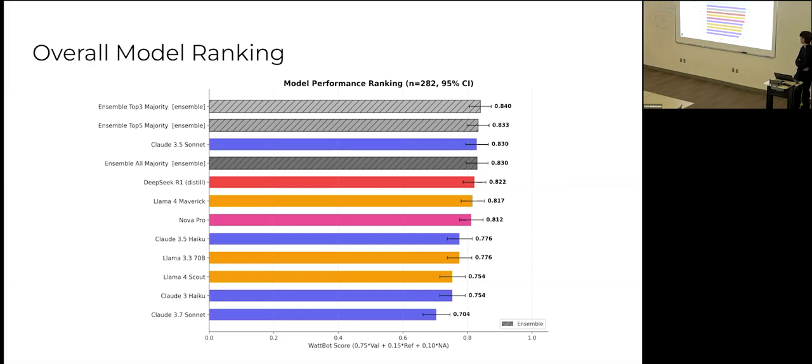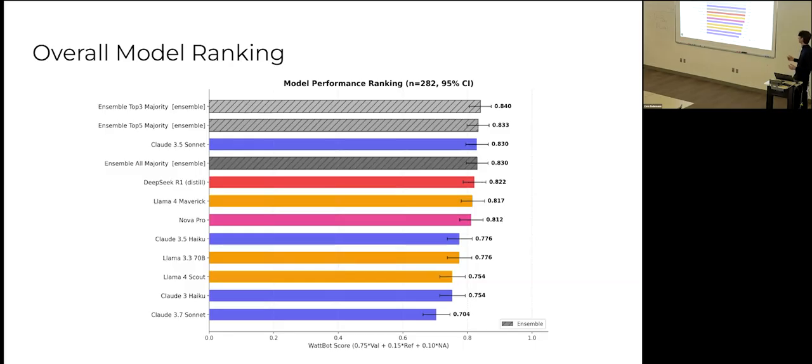We got about 0.84 and 0.83 for the top, which we're pretty happy about. This is a good demonstration of the wisdom of the crowd effect, going with the top K models for the ensembling. Among the single models, Anthropic's Claude 3.5 Sonnet does the best on its own, essentially tied with some of the ensemble models. Then you have models like DeepSeek and Llama 4 Maverick sitting closely together.